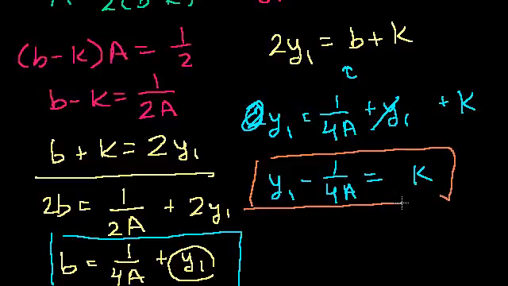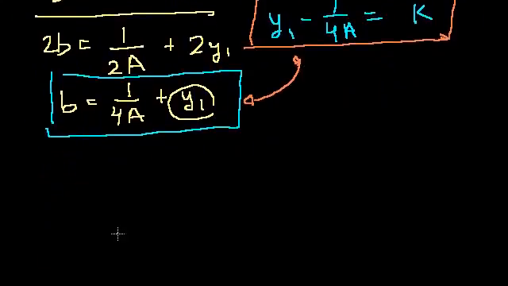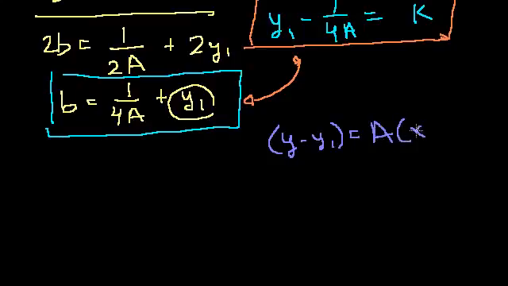So this is interesting. Right now, these might look like hairy formulas, but if we actually graph it, I think they'll become a little bit more intuitive. So once again, we had the parabola y minus y1 is equal to a times x minus x1 squared. And so the graph of that parabola will look something like this.